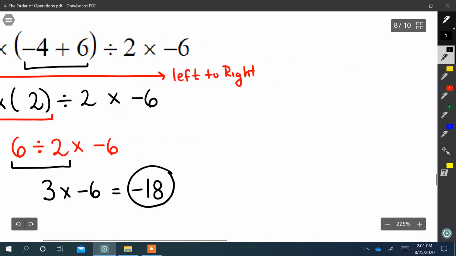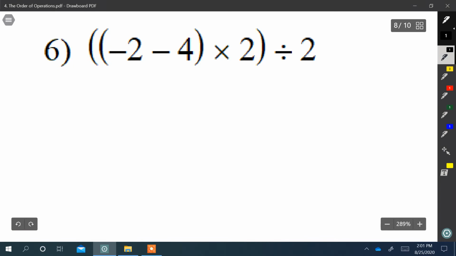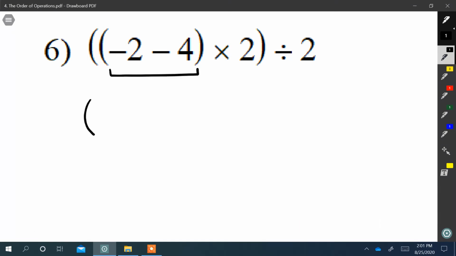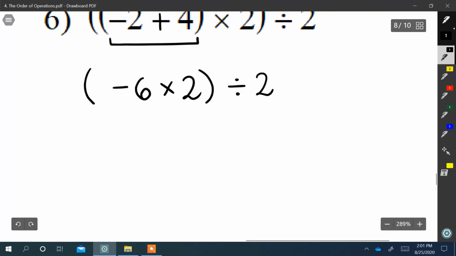Let's do number 6. Okay, we're going to do parentheses first. Negative 2 minus 4. If I make this a positive and this a negative, then I'll have negative 6 times 2 divided by 2.